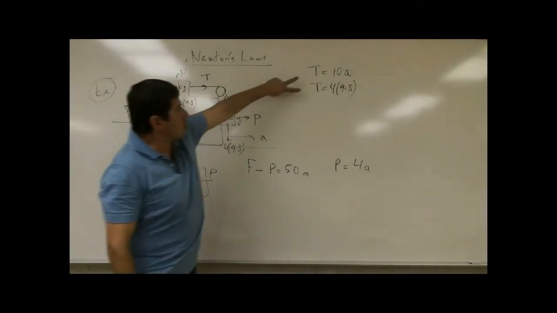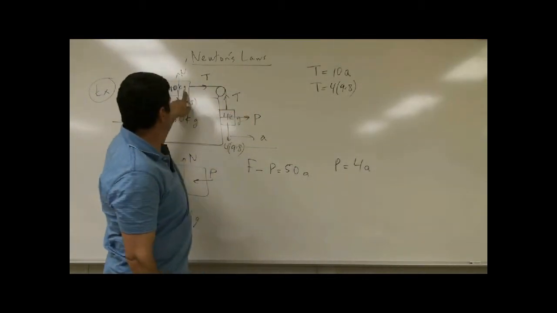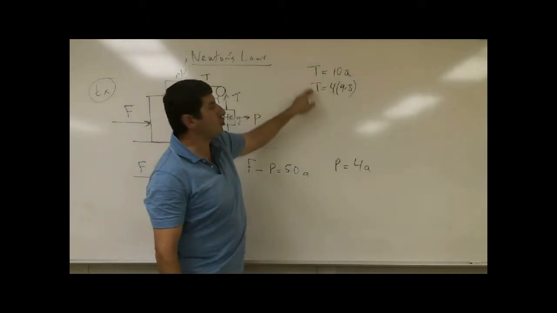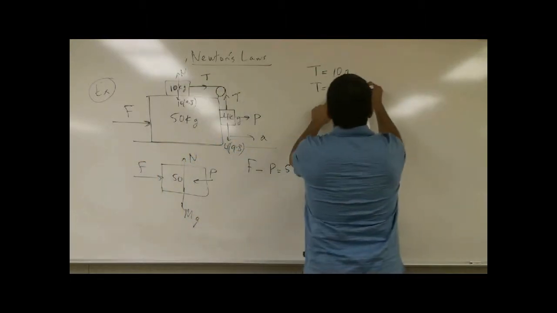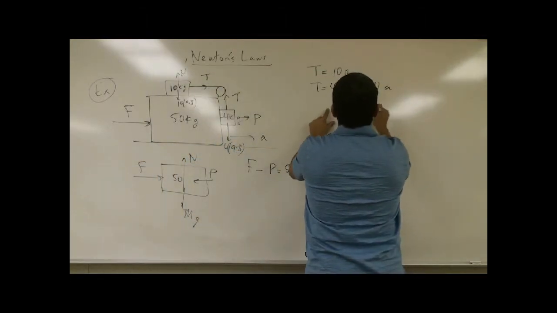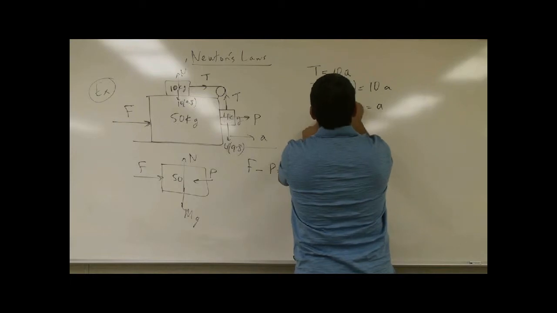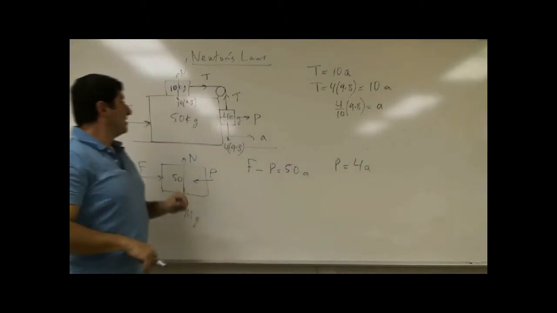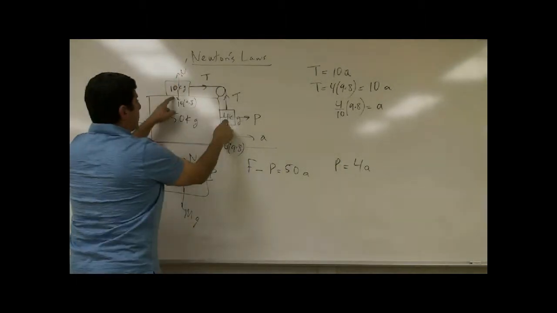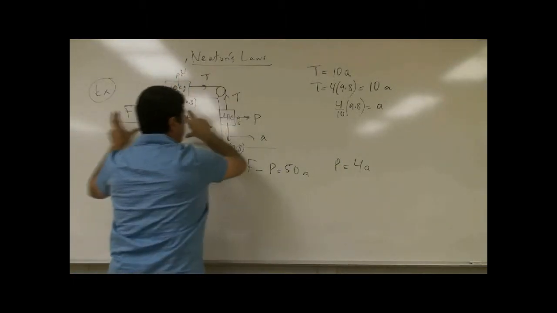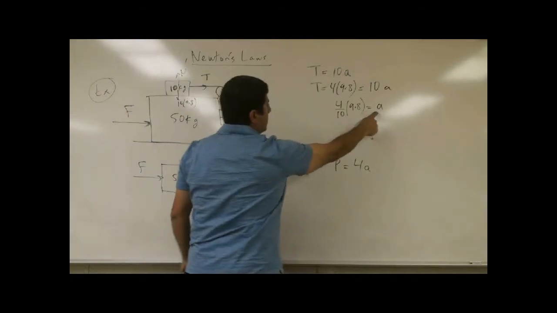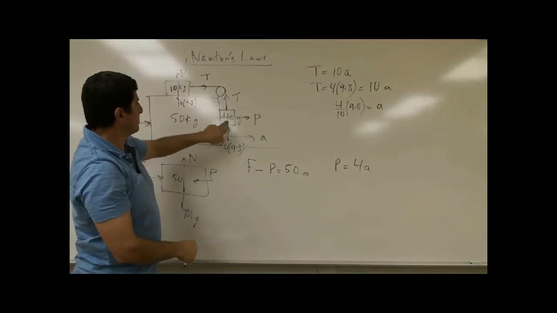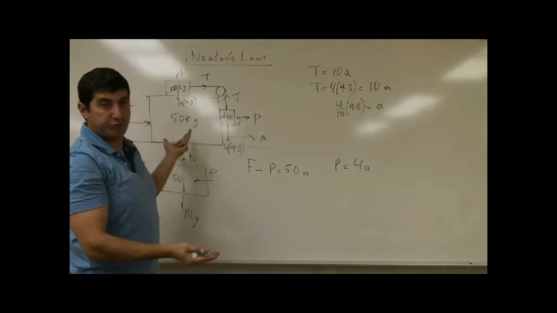Now, this is the horizontal equation of this, and this is the vertical equation of this. We can substitute, it's the same T. So we can say this is 10A. A is equal to what? 4 divided by 10 times 9.8. So simply speaking, in order for these two blocks to not slide, the whole system needs to accelerate forward at a rate equal to the ratio of the two masses, this mass to that mass, times 9.8.